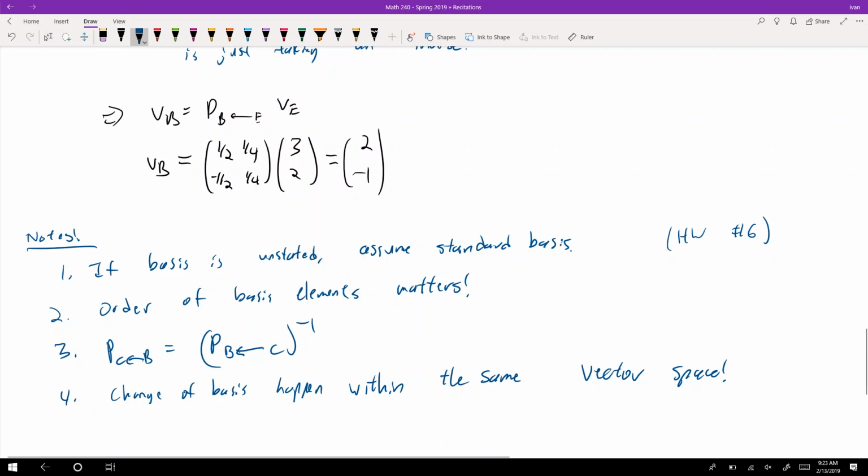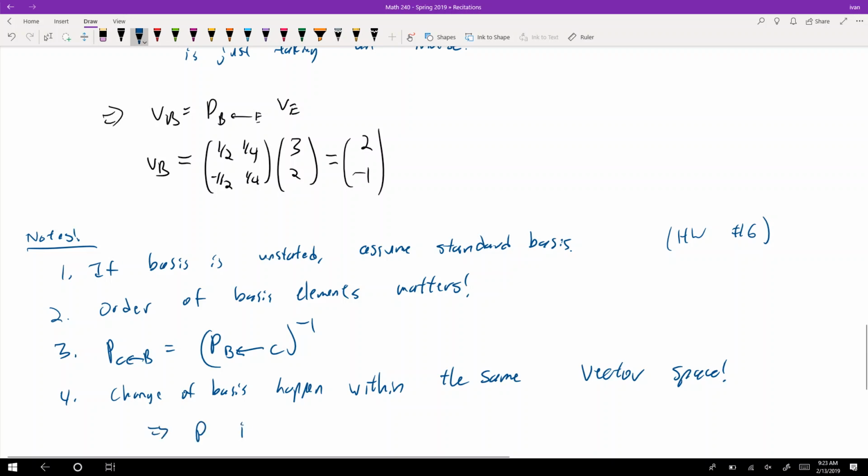No, right? Because the definition of dimension is the number of elements within any basis. So the number of basis elements will always be the same. So if I give you some basis B, it's going to have the same number of elements as basis C.